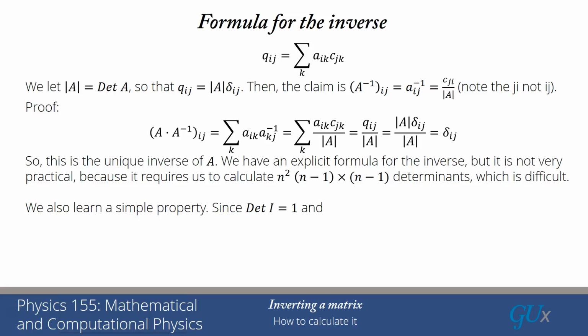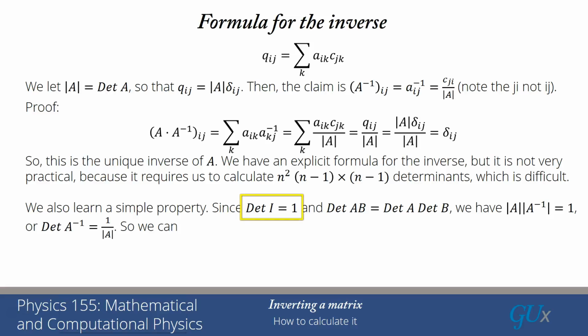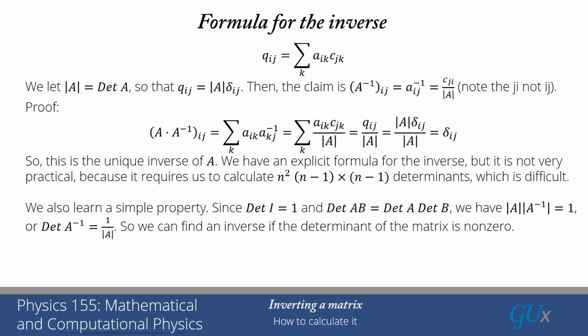Now, there's another property that we can immediately learn from the properties of determinants. Since the determinant of the identity matrix is equal to 1, and that's simply because it's a diagonal matrix, which means its determinant is the product of all its diagonal elements, and all the diagonal elements are 1, so the determinant of the identity is 1.